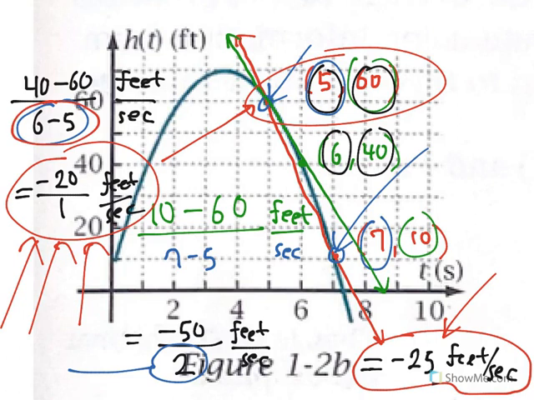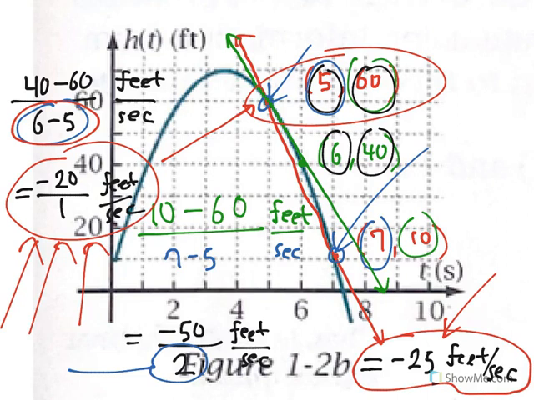This one is over a 1 second time interval, and 1 second is closer to an instant in time than 2 seconds. So that's what we mean by saying that we can approximate the instantaneous rate of change of one quantity with respect to another by using the slope of a secant line, and the closer the 2 points are on the secant line, the better the approximation will be.